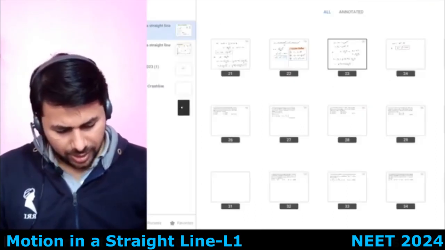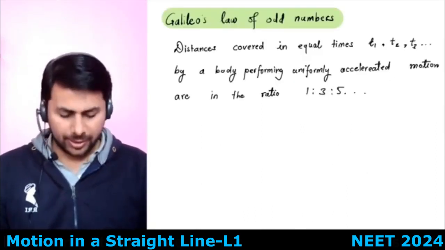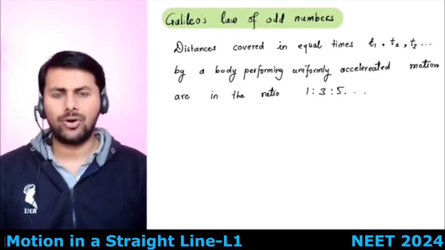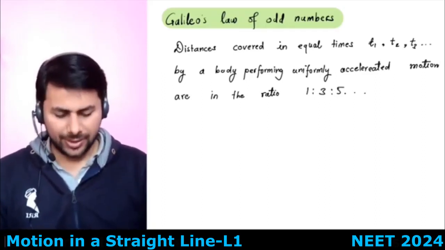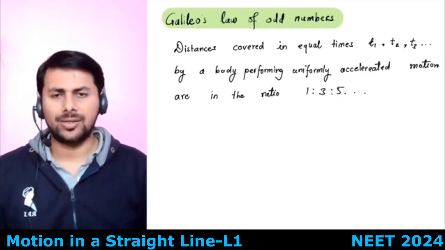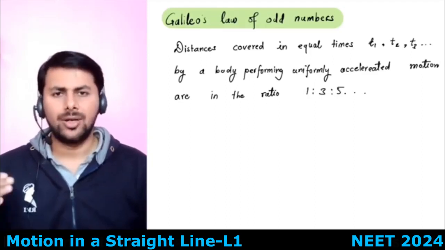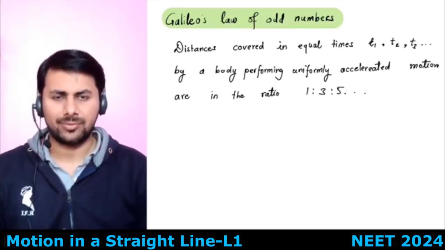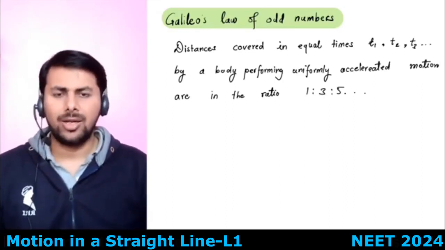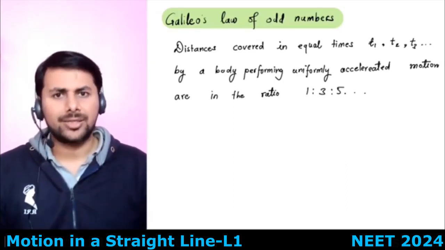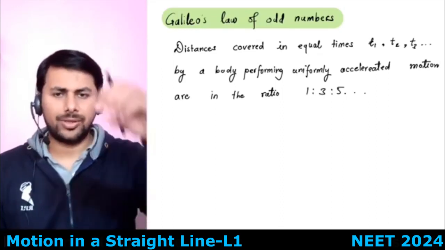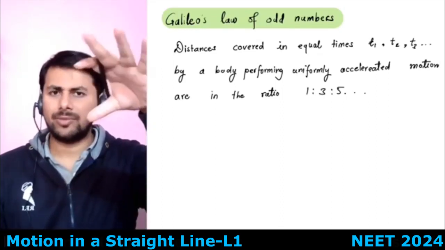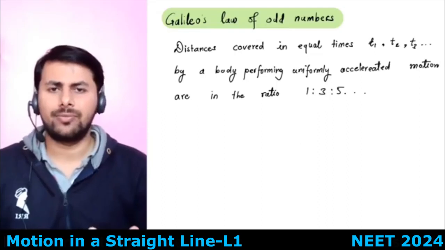Then let's move on to the next topic, which is Galileo's law of odd numbers. This is a simple trick which we can use to solve problems based upon uniformly accelerated motion. An example of uniformly accelerated motion is if you release something from some height, it will fall on the ground.